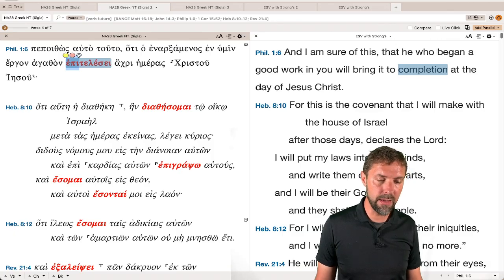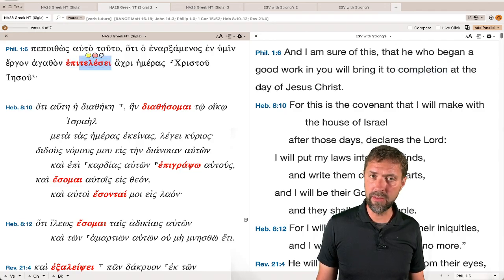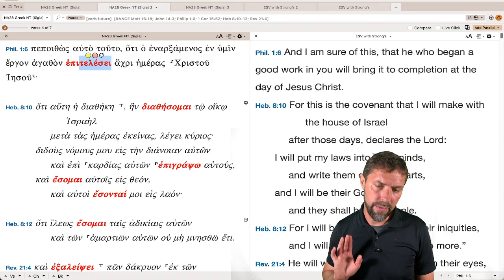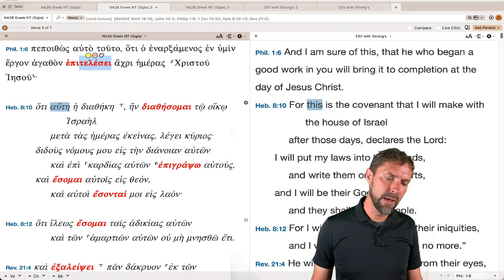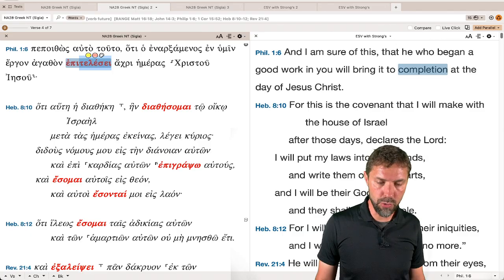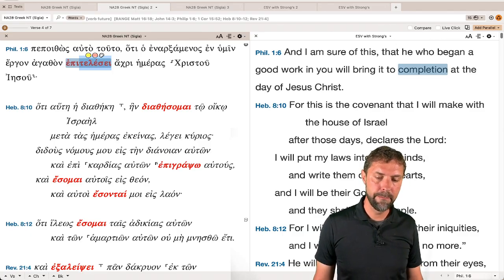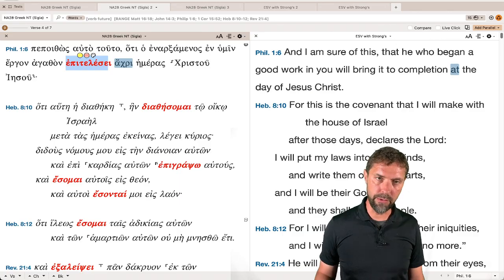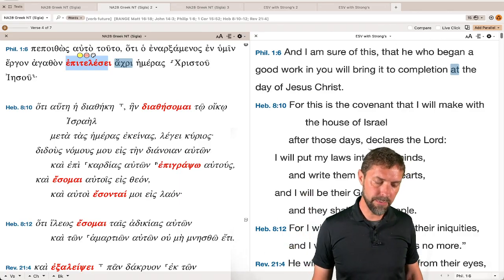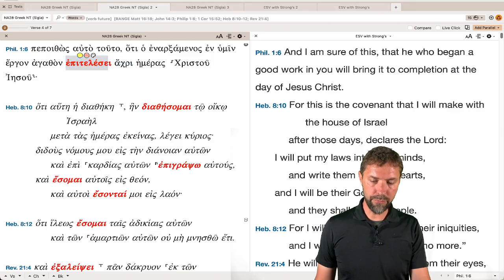So I've got epi on the front of, if you've ever heard of the teleological argument, the idea that there's an end or a purpose. Well, it will bring it to completion, to the point of an ending, at the day of Christ Jesus. And this is then eschatologically focused, future-oriented, as a promise. God will perform his good work.